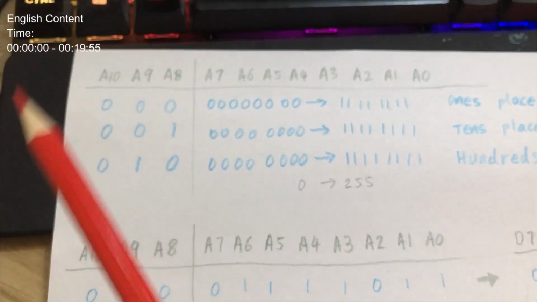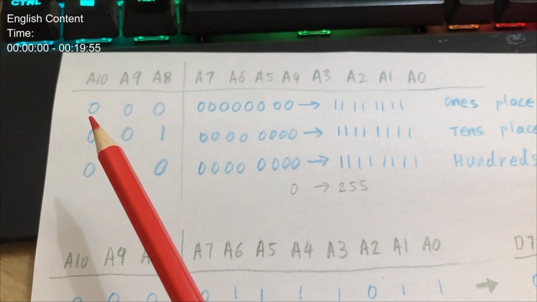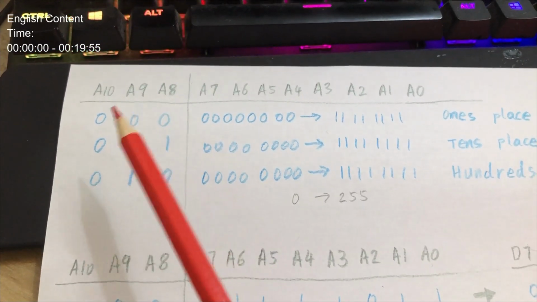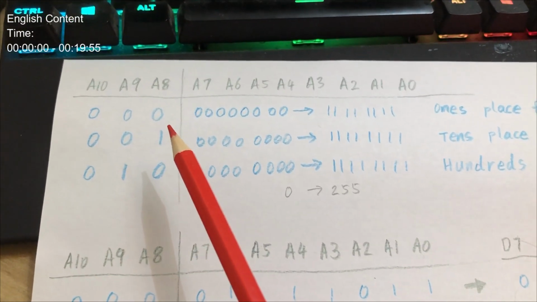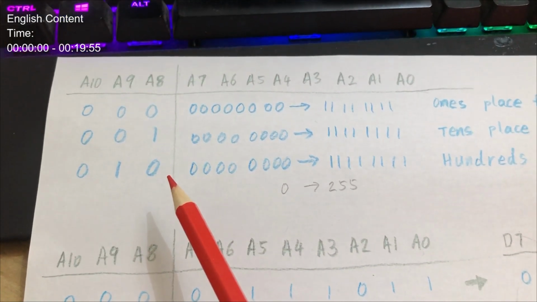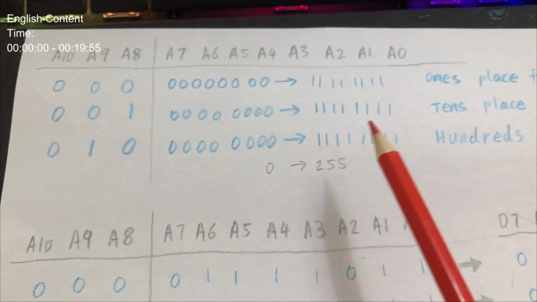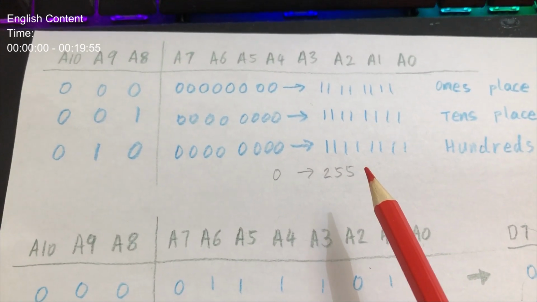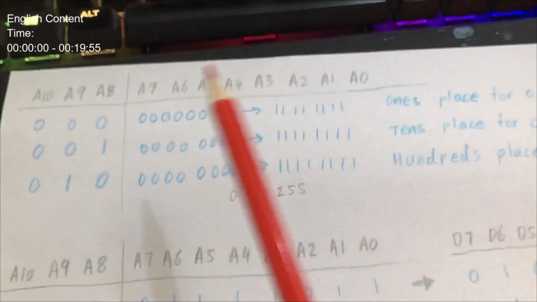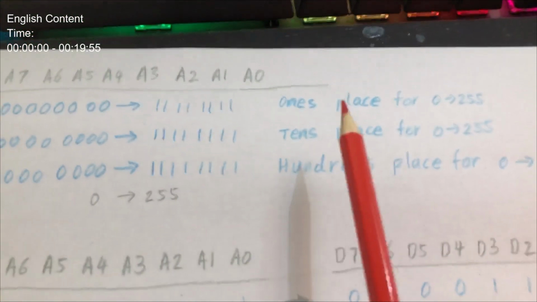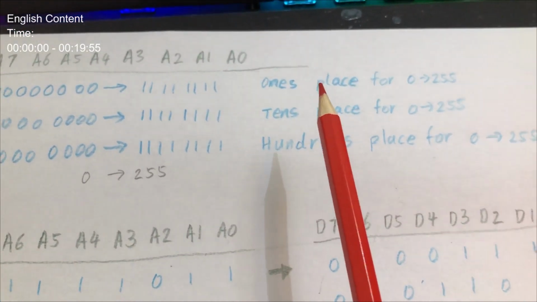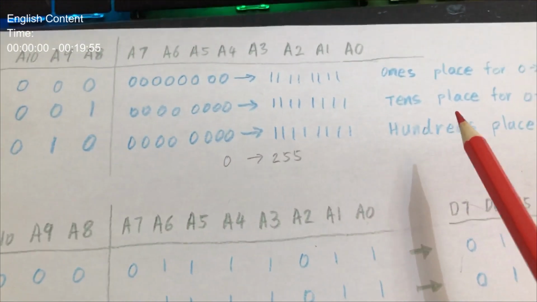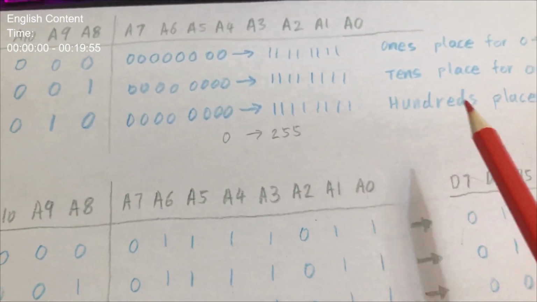We use the first 3 pins, 3 addresses to differentiate its address, and in each address there are containing numbers from 0 to 255. In the first address we will make it for the ones place, and in the second address we will make it the tens place, and the third address we will make it the hundreds place.